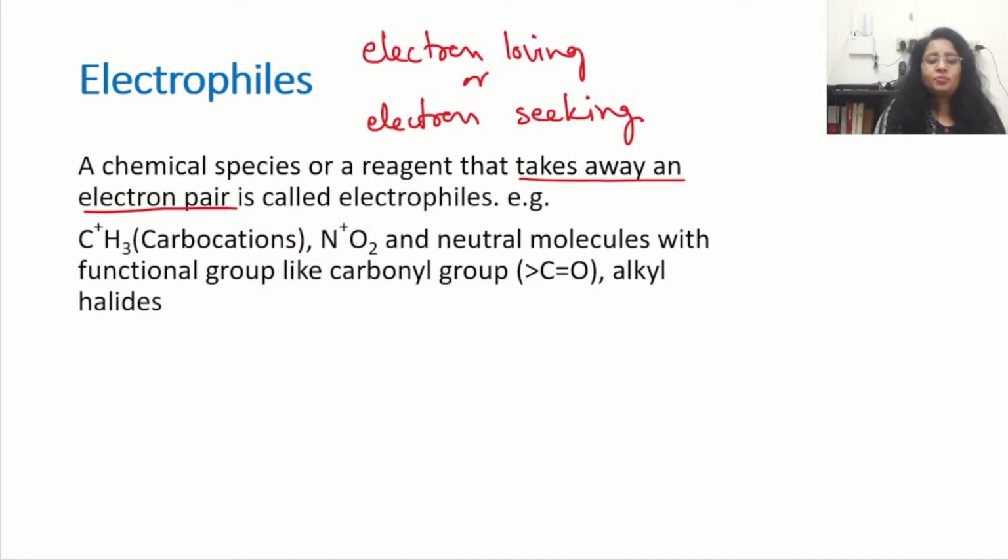The example should be a carbocation. Basically, the examples should be all plus-charged species. Plus charge means electron deficient, so all plus-charged species will behave like an electrophile. And some neutral molecules, that I will explain later. First, see the plus-charged ions. The methyl carbocation has a plus charge, that is, a sextet of electrons.